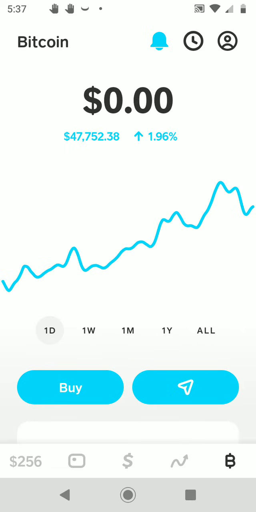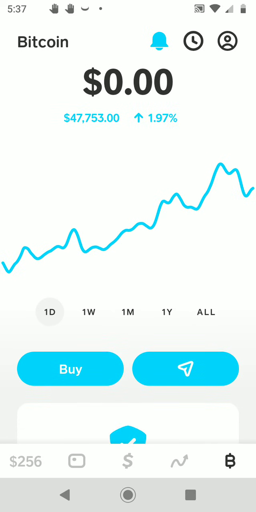So if you're putting in $1,000, that's going to be a $30 fee just to buy. If you're doing a fractional share, that's a $30 fee. And then if you were to withdraw it, say the next day, that's an additional $30. So you have to keep that in mind when you're trading Bitcoin on Cash App.